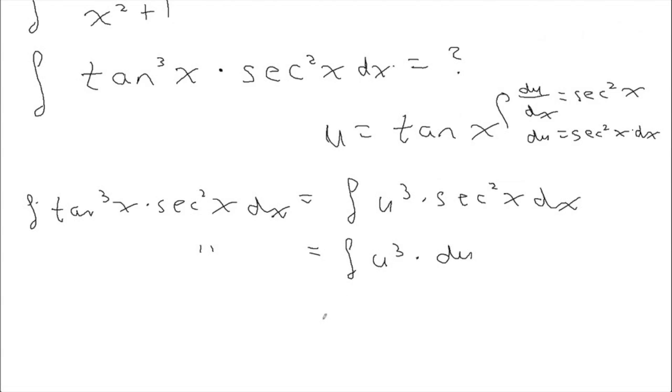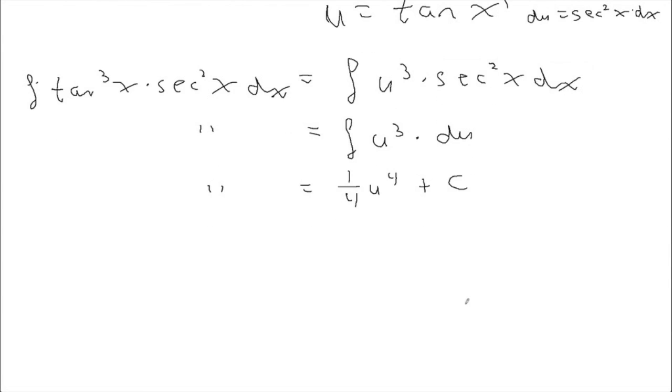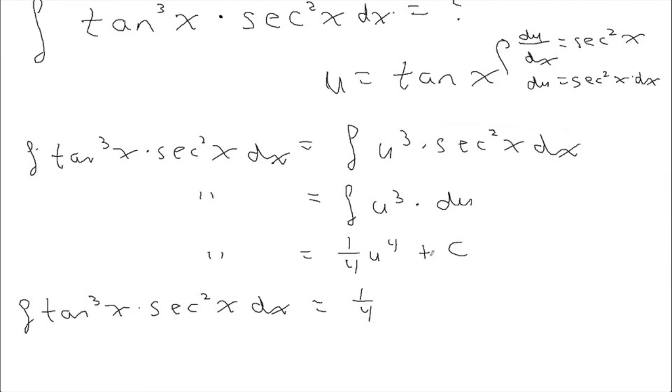Okay, so now we can take the antiderivative, and that will be 1/4 u to the 4th plus c. And now we can plug back in for u, and our final answer is the integral of tangent cubed x times secant squared x dx equals 1/4 tangent of x raised to the 4th.